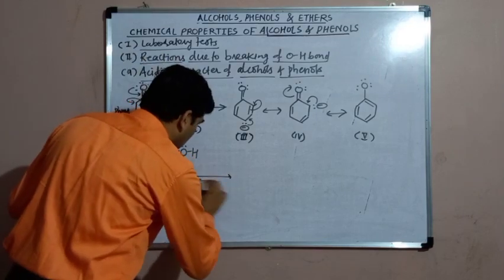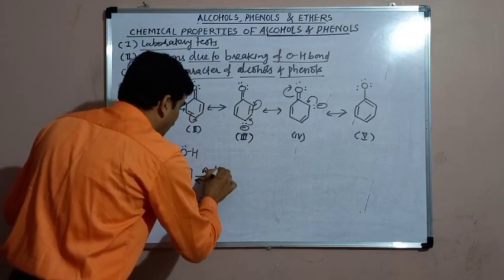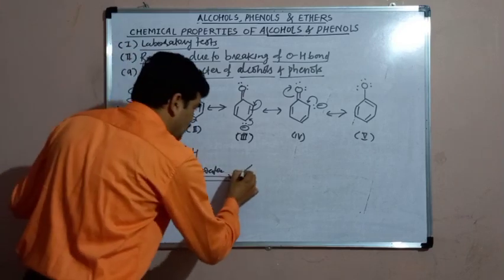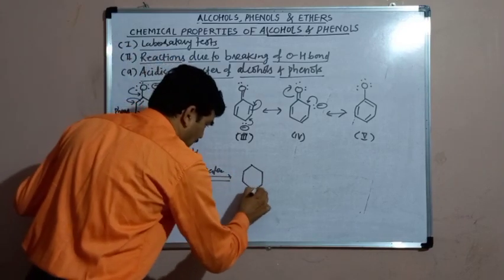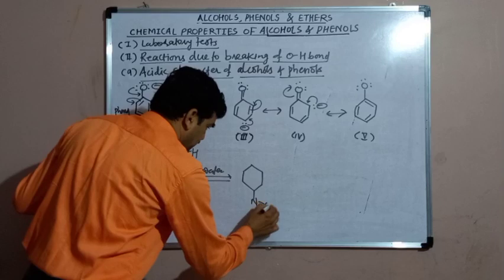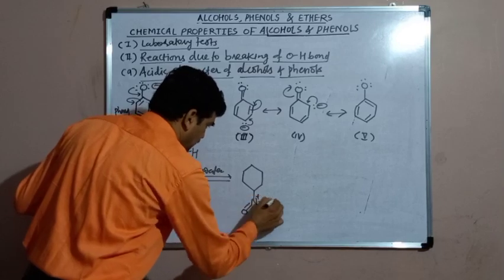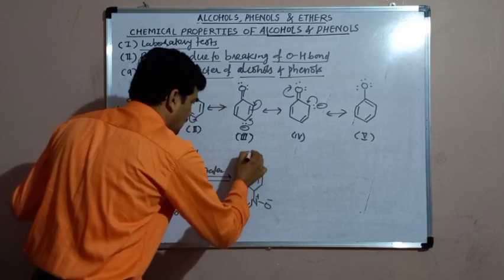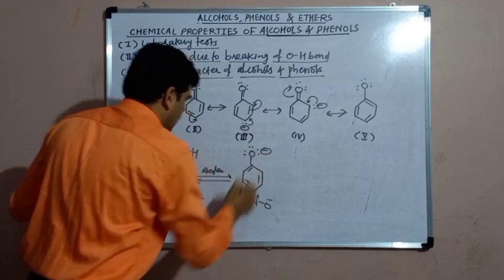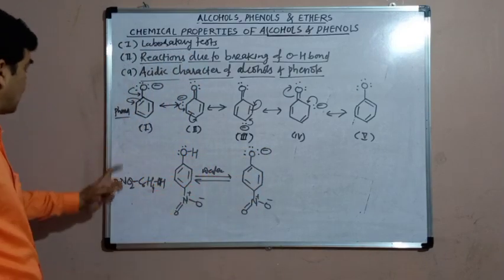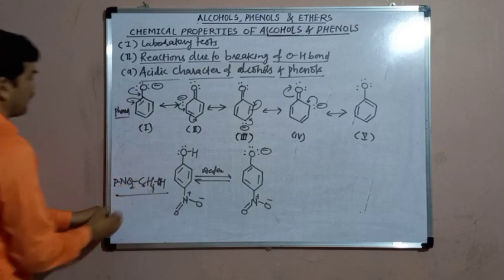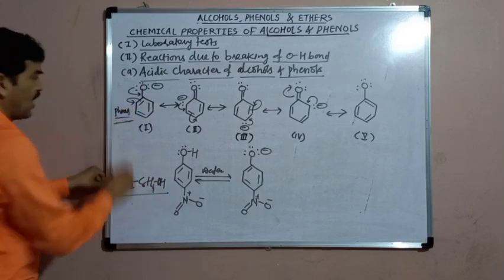Para-nitrophenol, when dissolved in water, will form the corresponding conjugate base, the corresponding phenoxide ion, in this way. This is the phenoxide ion generated from para-nitrophenol, and this is the phenoxide ion generated from phenol.